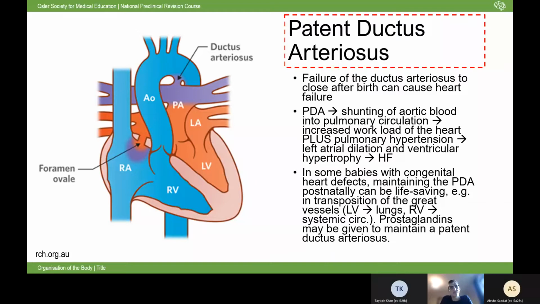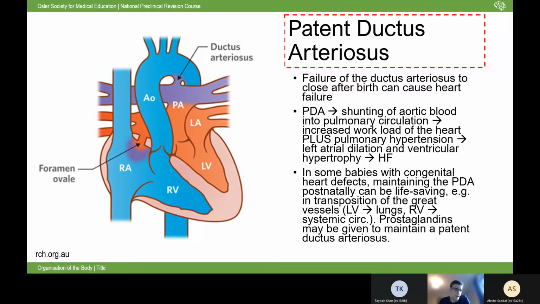If you have tetralogy of Fallot, as I described earlier, and you have an overriding aorta and a great big hole in your interventricular septum, then actually a persistent ductus arteriosus can be life-saving because it overcomes that pulmonary stenosis that we talked about before and allows some of the blood in the aorta to leave the heart, and it allows some of that blood in the aorta to be diverted into the pulmonary system, and actually it can keep you alive and asymptomatic for a little bit longer.